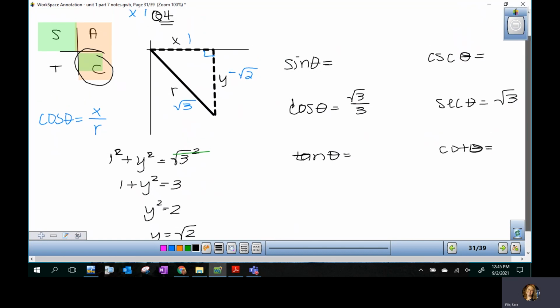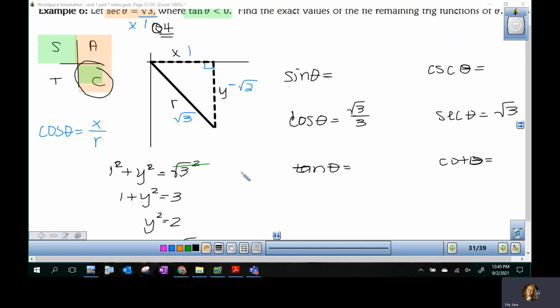Okay, now let's do the rest. Sine is y over r. So that is negative root 2 over root 3. That's a little different. I don't think we have practiced or reviewed rationalizing with a radical in the numerator as well. So let's look at what happens.